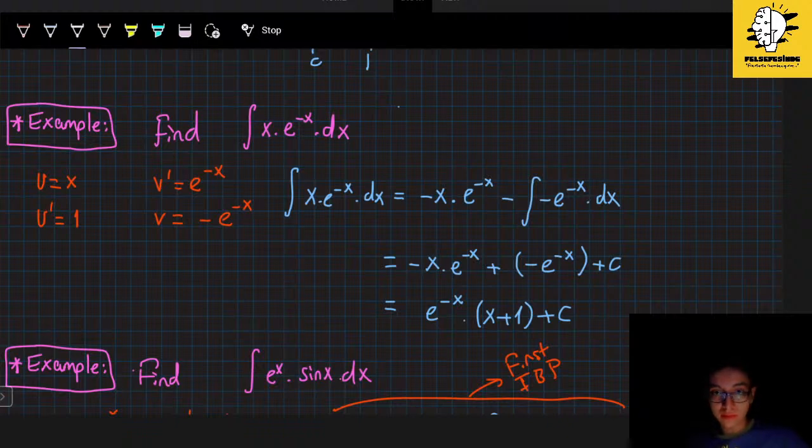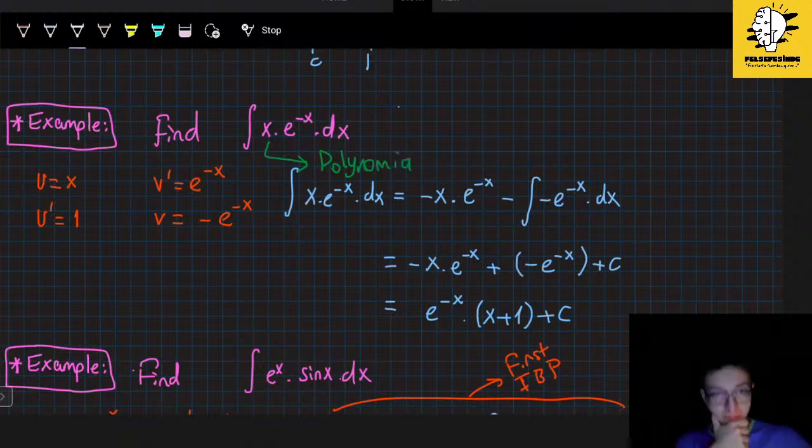So this is what we are going to do. As you can see in LATE, it is logarithmic, arc, polynomial, trigonometric, and exponential. We can say that x is polynomial, and e to the power of minus x is exponential. Which one comes first? Polynomial, right?